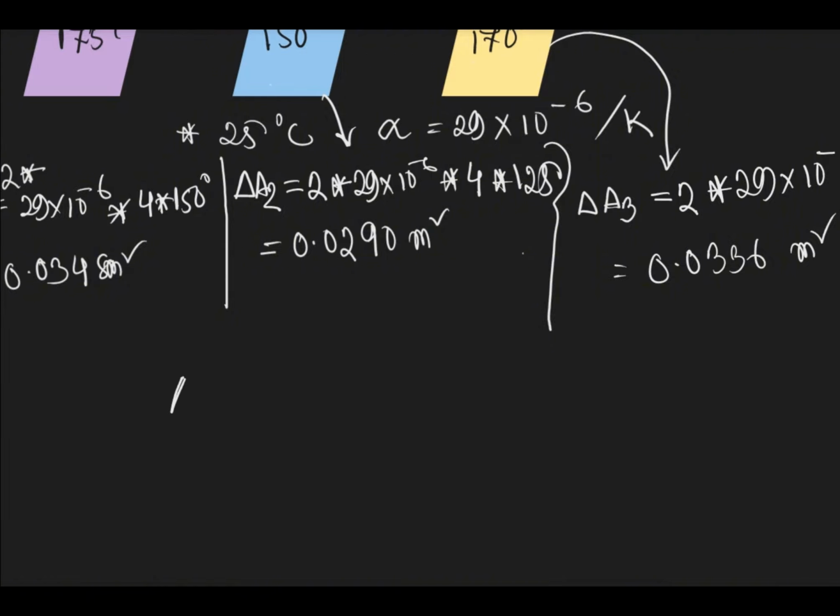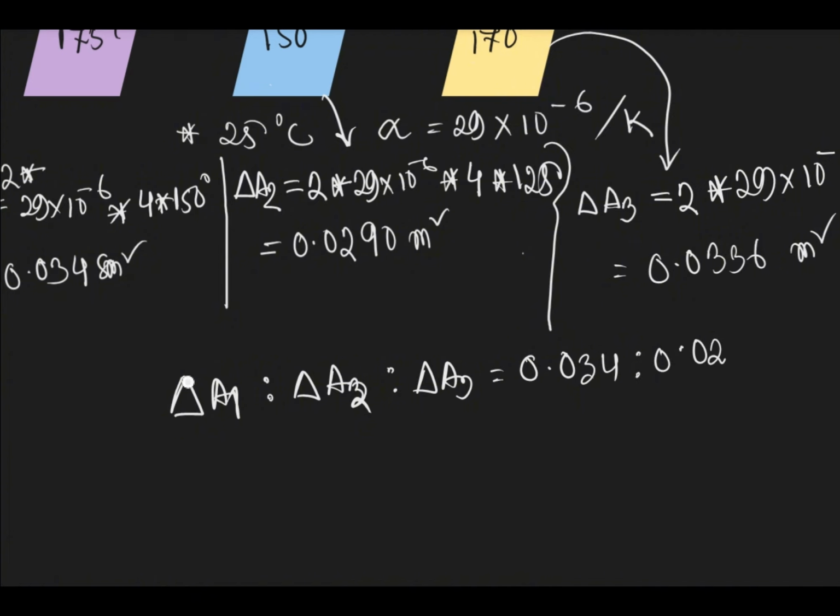So del A1 is 0.0348, del A2 is 0.0290, del A3 is equal to 0.0336.